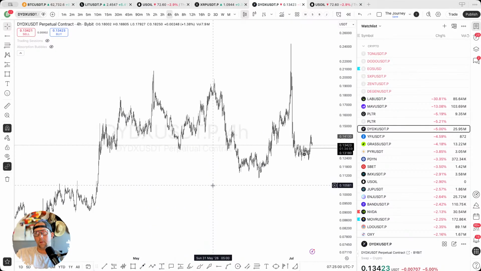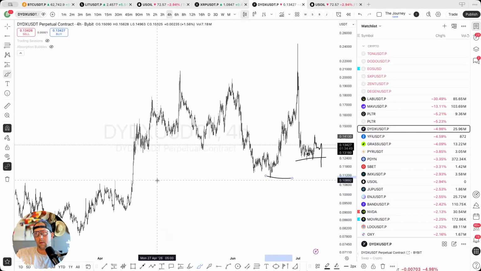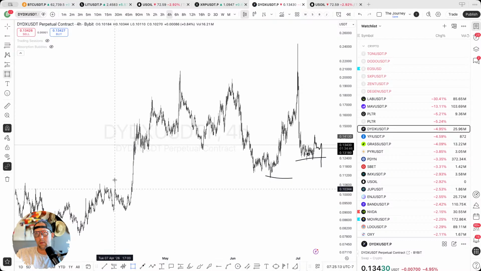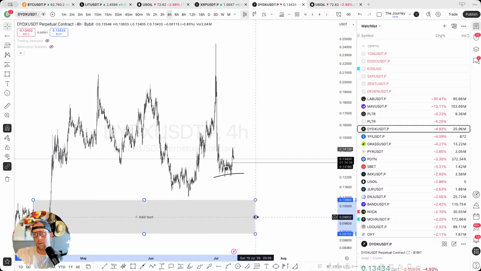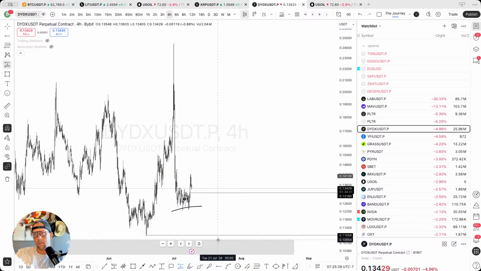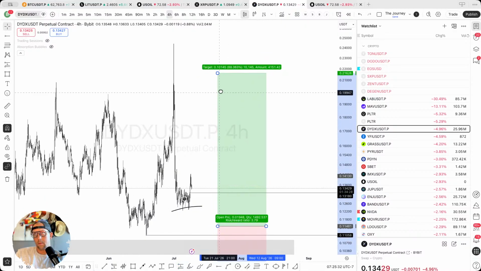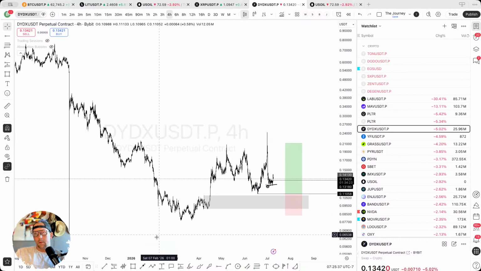I was like, oh, maybe a mitigation of demand for a trade here. But I think it pulls up and then comes right down underneath that and underneath that. Yeah, I think the trade's down here. Or it's under here.